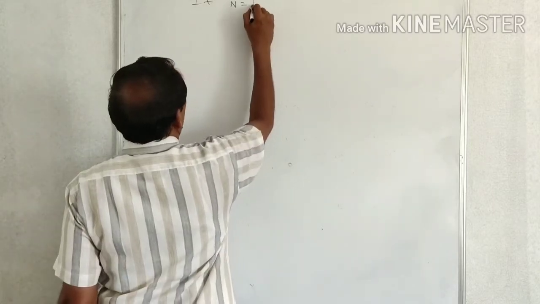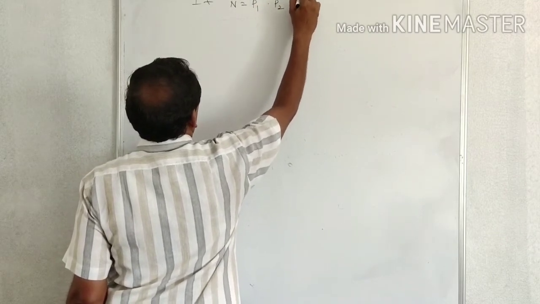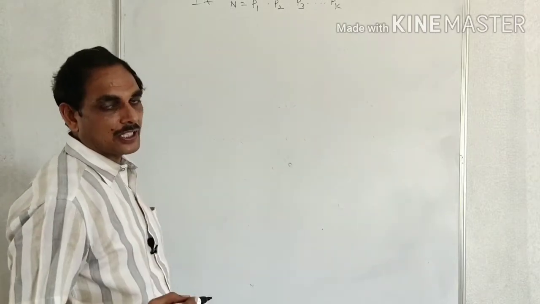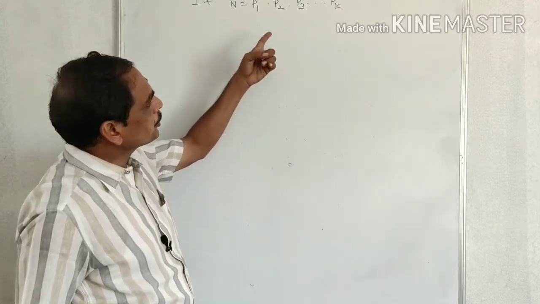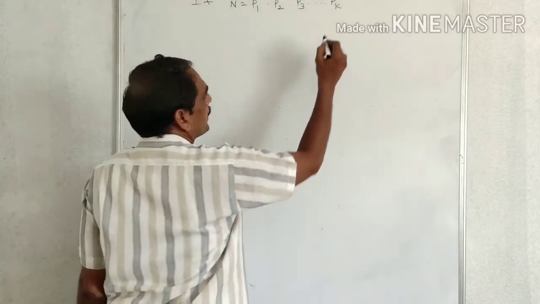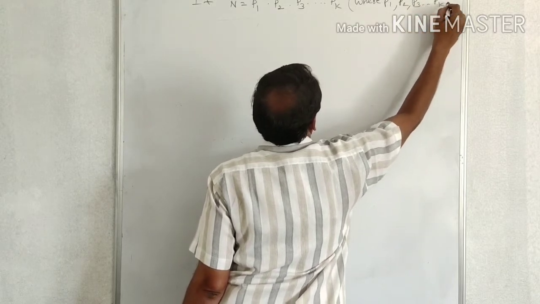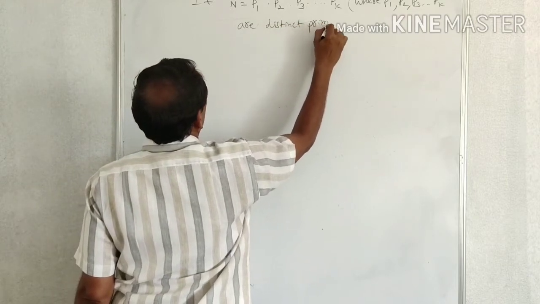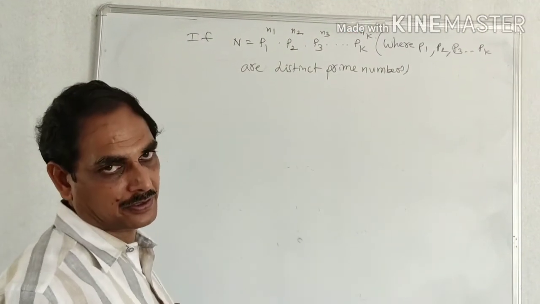We write this as p1 power n1 into p2 power n2 into p3 power n3 and so on up to pk power nk, where p1, p2, p3 and so on up to pk are distinct prime numbers. Distinct prime numbers means different prime numbers.